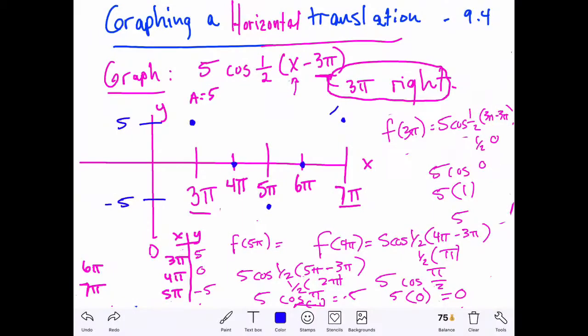Okay, now I've evaluated all my points and plotted them. And notice, remember, since this is a cosine graph, not a sine, I'm not going to be starting at 0 or my midline. I'm going to be starting up at whatever the amplitude is. And so this looks like it makes sense. Go down to your trough. And back up to your peaks here.